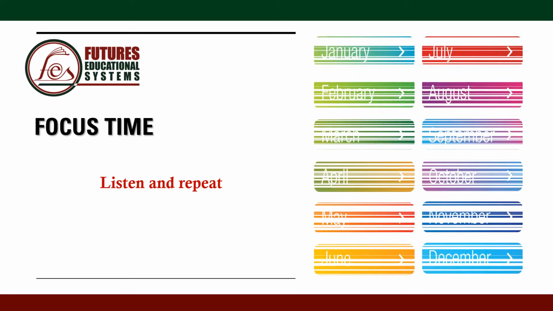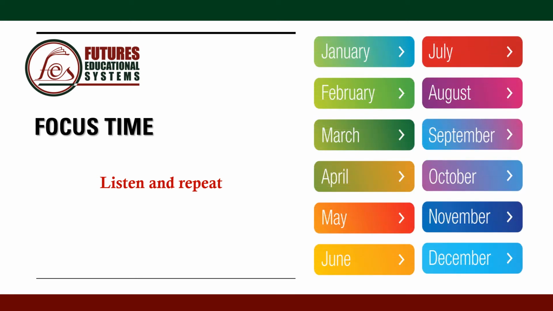Unit 9, page 57. Focus time. A. Listen and repeat. Number 1. January, Number 2. February, Number 3. March, Number 4. April, Number 5.